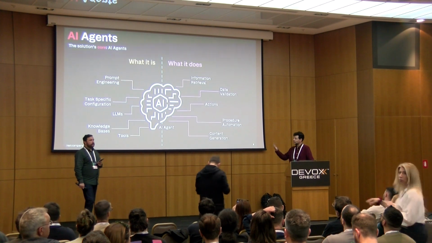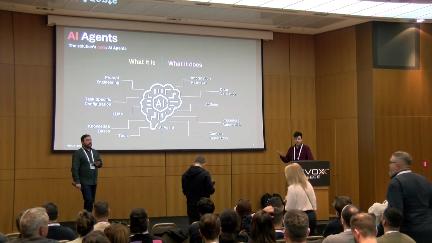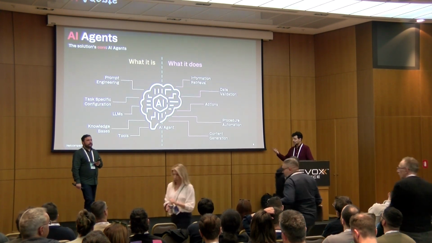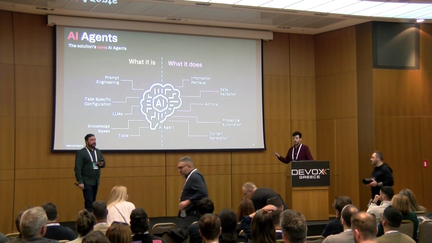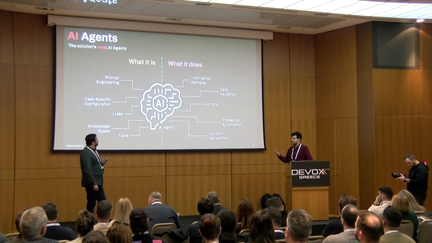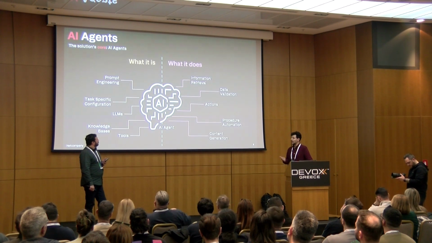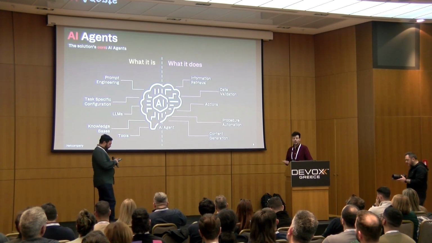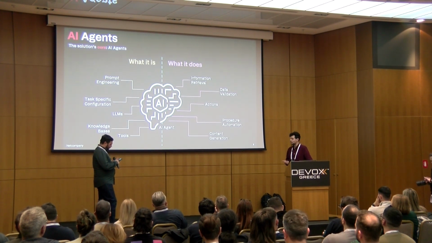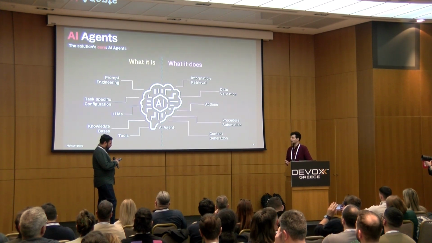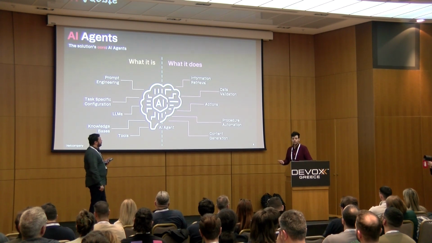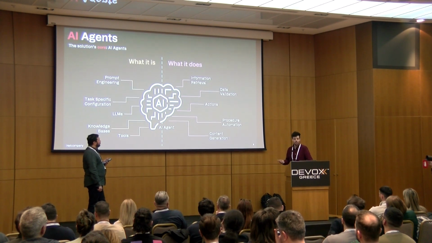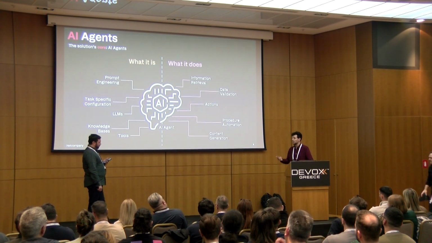So what is an AI agent in general? At its core, it has an LLM. We have the prompts and instructions that we give to the agent, and a specific configuration to optimize its outcome. We may give it one or more knowledge bases, and some tools like external APIs, web search, and other endpoints that will help it take action.